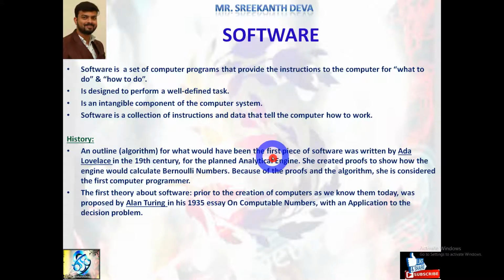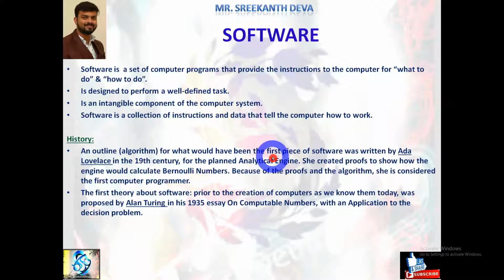A program is a sequence of instructions written to solve a particular problem. Here, what is a program? A program is a sequence of instructions written to solve a particular problem.